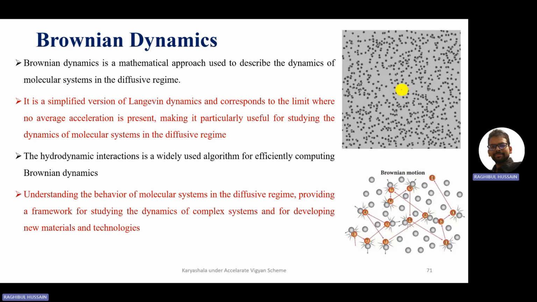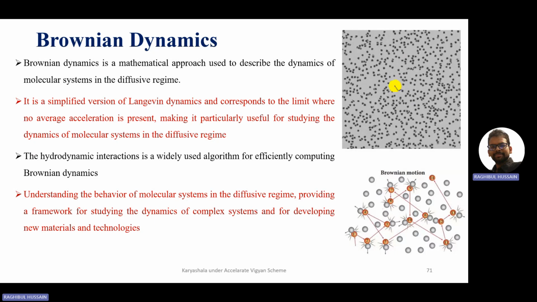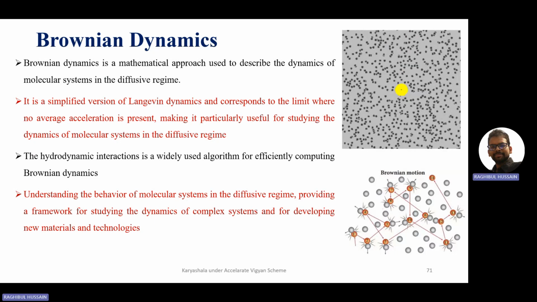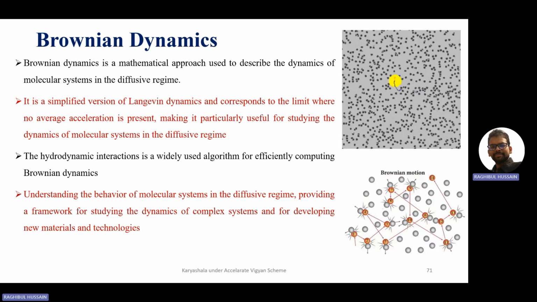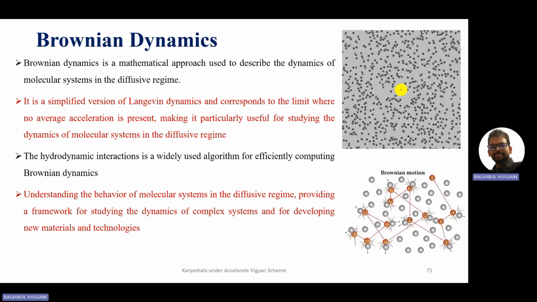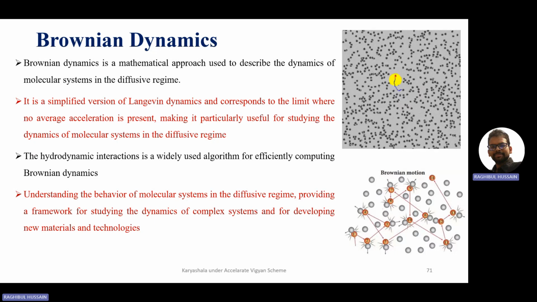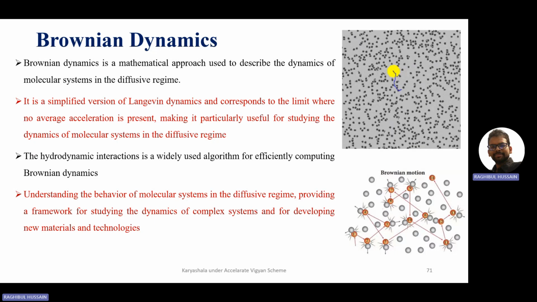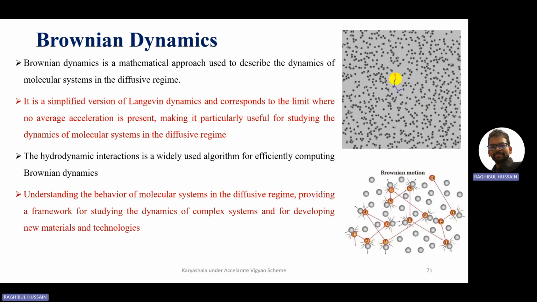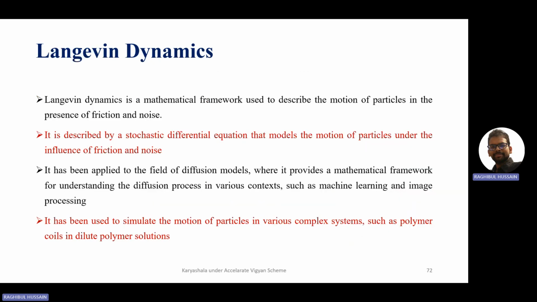It is a simplified version of the Langevin dynamics, corresponding to the limit where no average acceleration is present, making it particularly useful for studying dynamics of molecular systems in the diffusive regime. Understanding the behavior of molecular systems in the diffusive regime provides the framework for studying the dynamics in complex systems, for developing new materials as well as technologies.